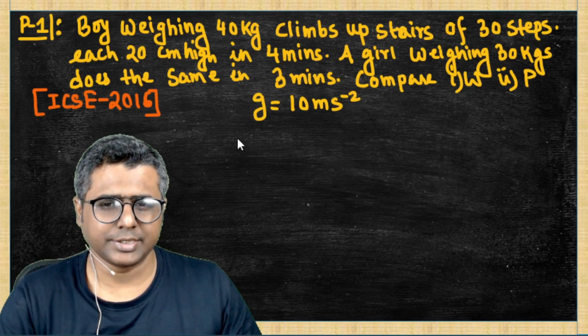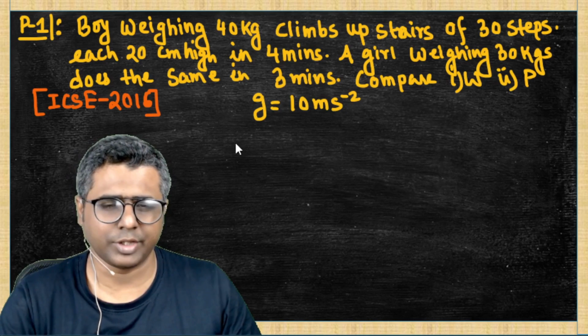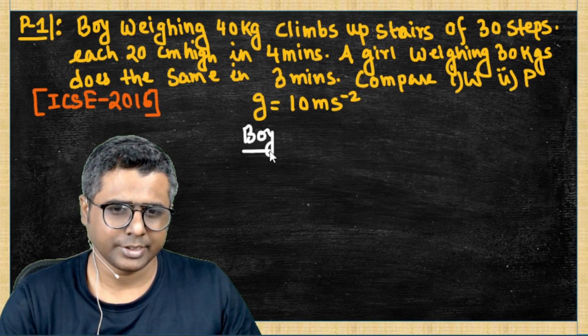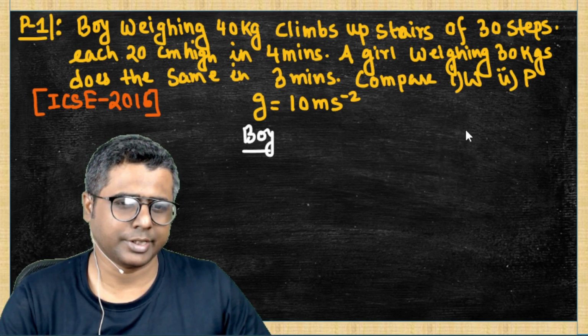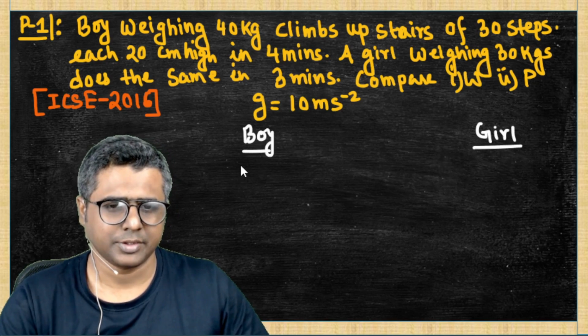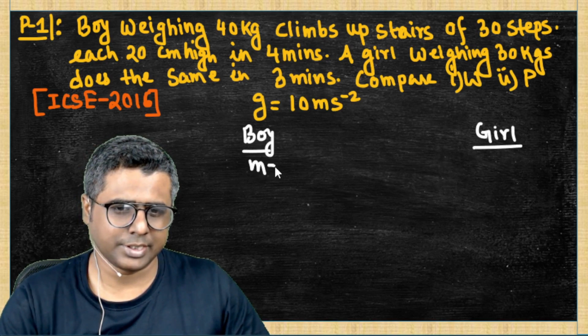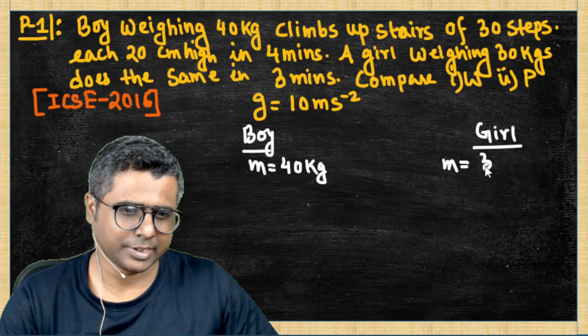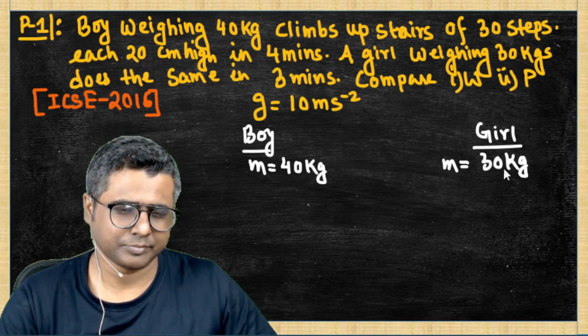So here it is said about one boy and one girl. So what I'll do is I'll write the boy on the left hand side and the girl on the right hand side. So this will help me in comparison. So see, the mass of the boy is given as 40 kg and the mass of the girl is given as 30 kg.